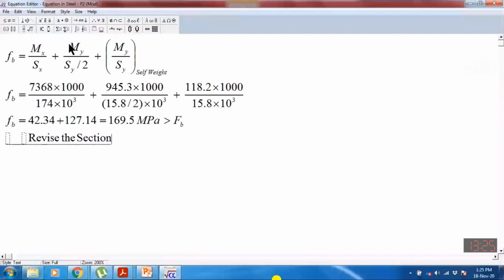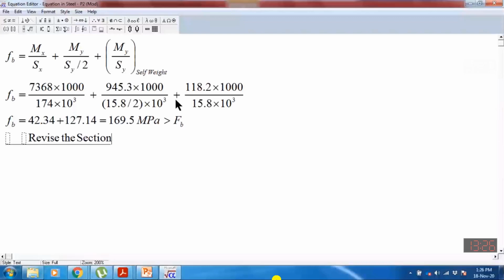But the self-weight is not producing any torsion stresses, so we don't need to multiply this My by 2, or we need to divide Sy by 2. That's why self-weight is only producing this half stress, and superimposed dead load and live load are producing twice the stress, doubled to consider the torsion stresses.